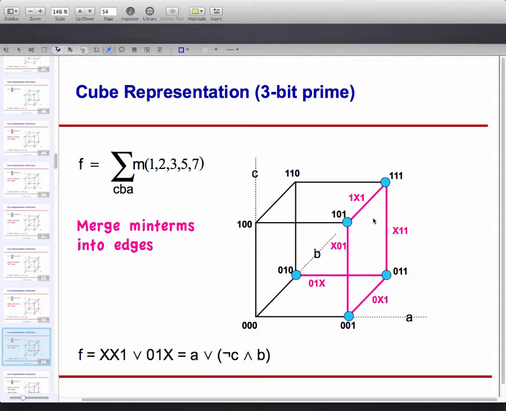So looking at this, how many edges do you think I need? What is the minimum number of edges that I need to cover all the 5 cyan colored vertices?